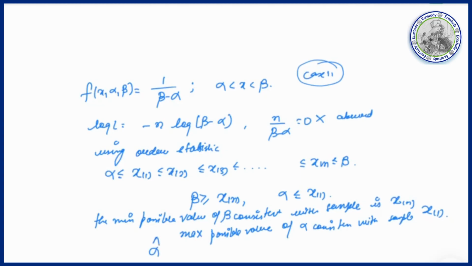So alpha is x1, and beta is xn. These are direct results: the MLEs when x follows uniform(a, b).